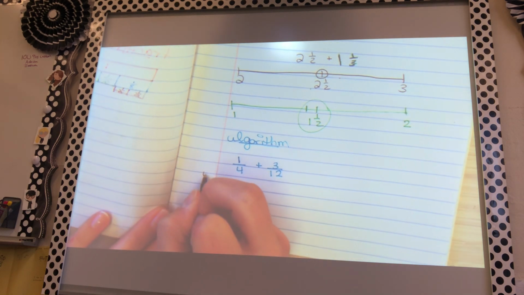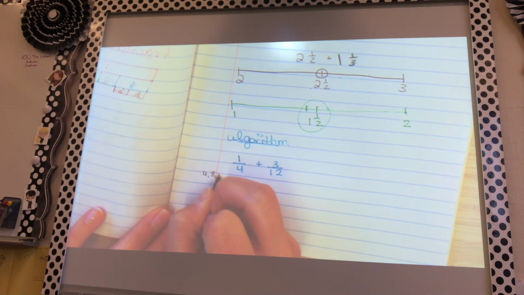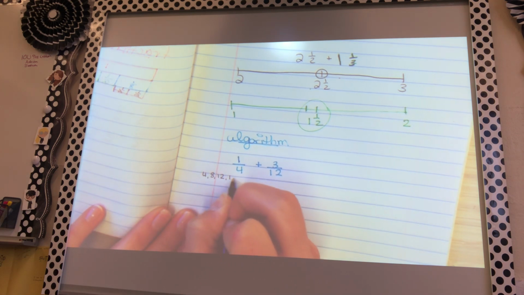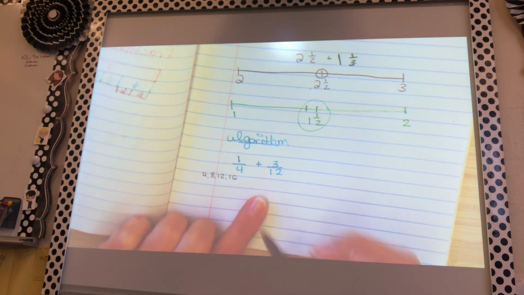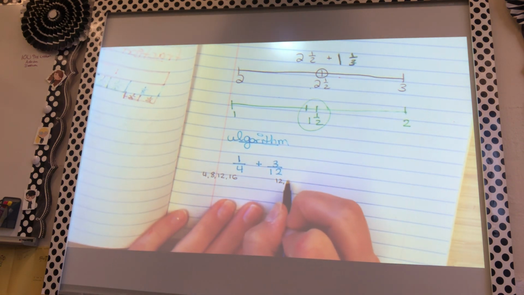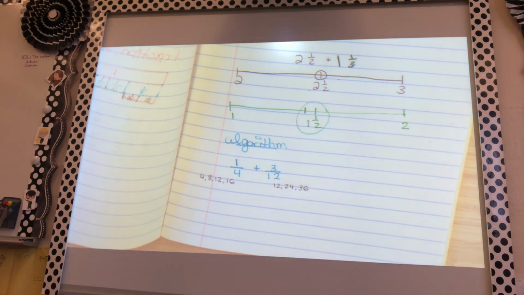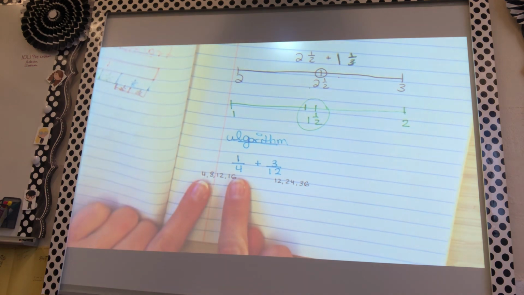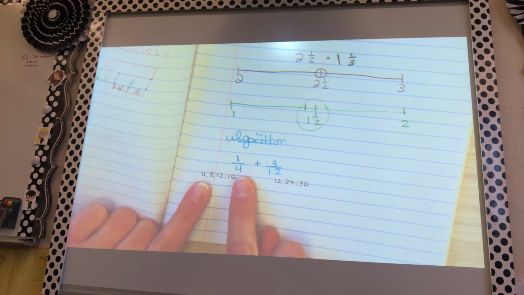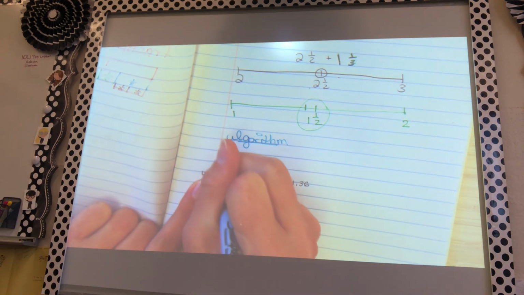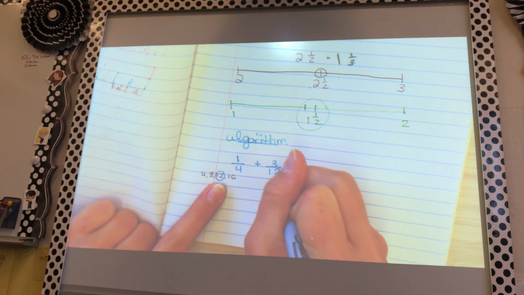Multiples of 4 would start at 4, then 8, then 12, then 16. Multiples of 12 would be 12, and then 24, and then 36. So if I'm spotting which my lowest common multiple is, I would use 12 because I see 12 here first and 12 here first.